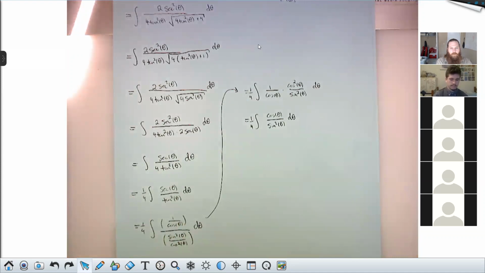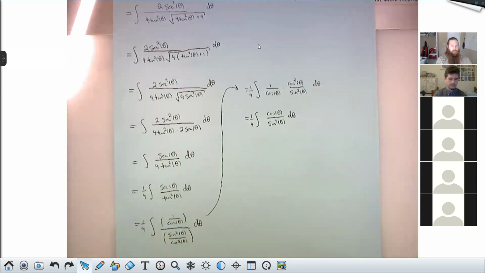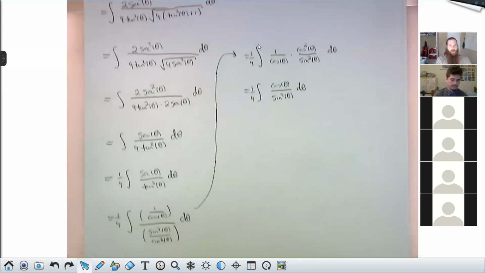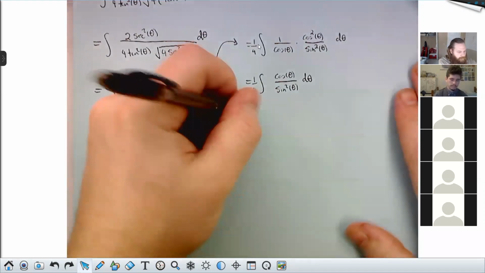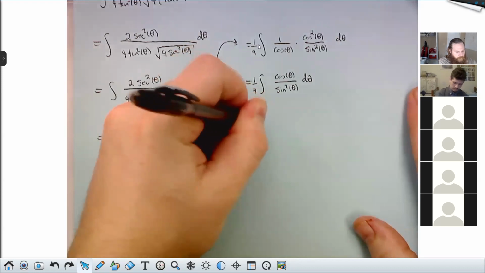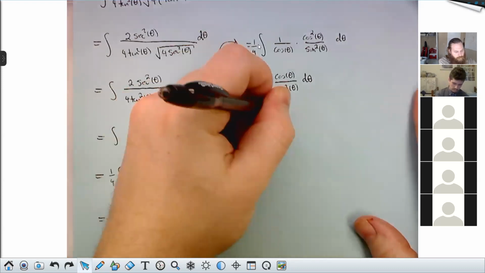Cosine over sine squared is the same as cotangent cosecant. Yep, I can write that as cosecant cotangent. That's clever. That wasn't even what my brain was wanting to do there, but you're 100% right, and I think that's the faster way to do it.